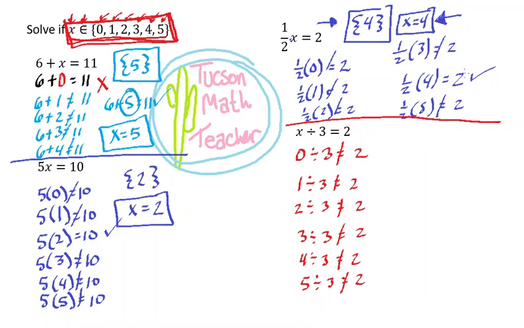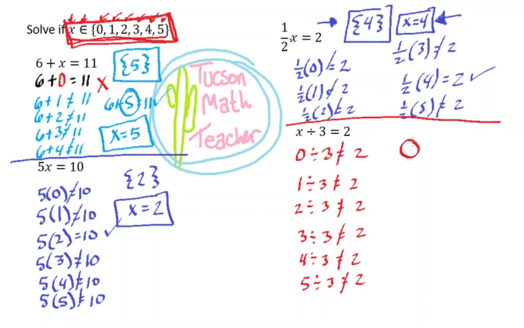And the answer is none of those numbers make that equation true. And there's a way to show that, to say that none of the legally allowed numbers will make our equation true. We do it like this.